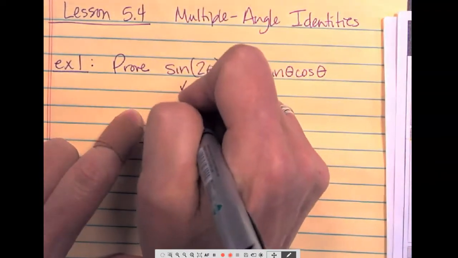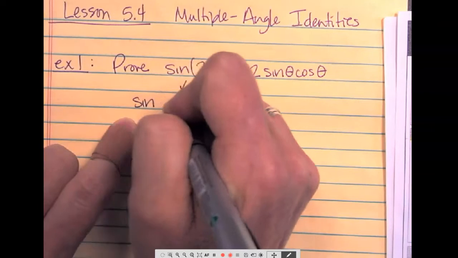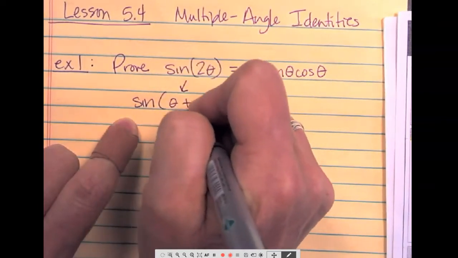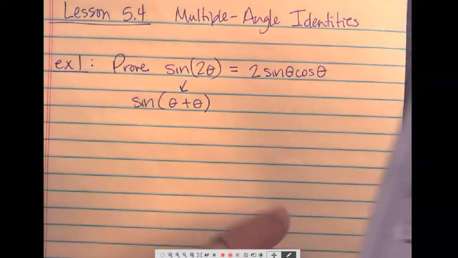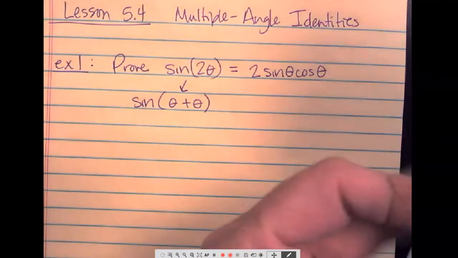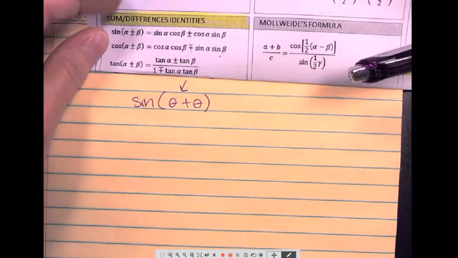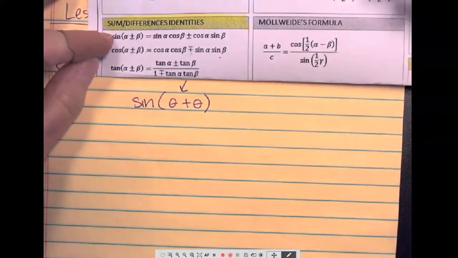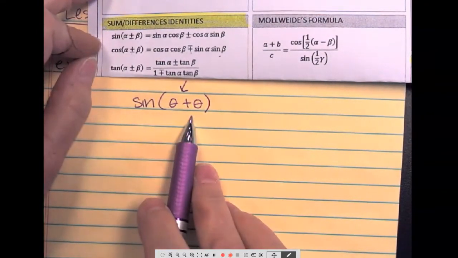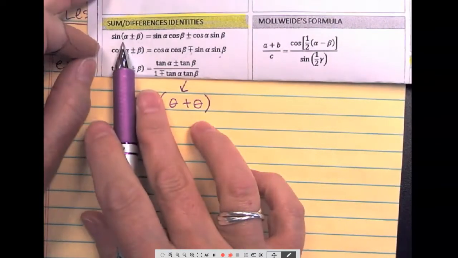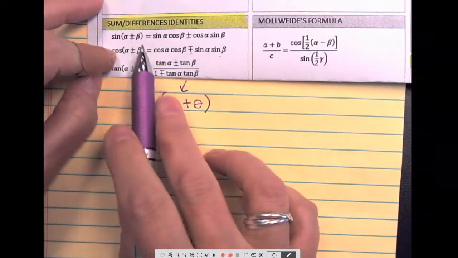Okay, so I'm going to change this side into sine theta plus theta. That's what 2 theta means, theta plus theta. Then I'm going to use the sum and difference formula that we had yesterday. It's just that with my A and my B, both of them are going to be theta. Okay, so it's sine, and there's a plus in the middle.